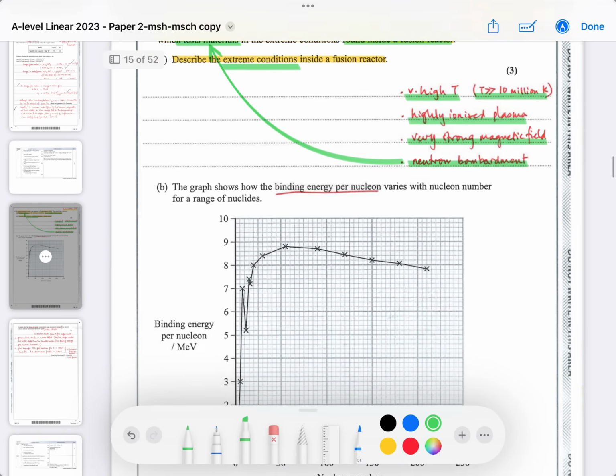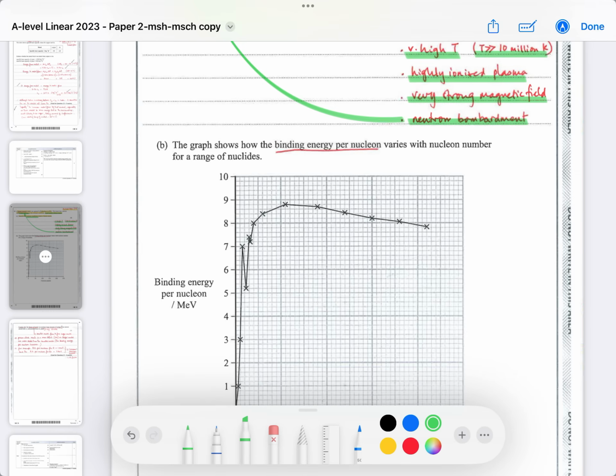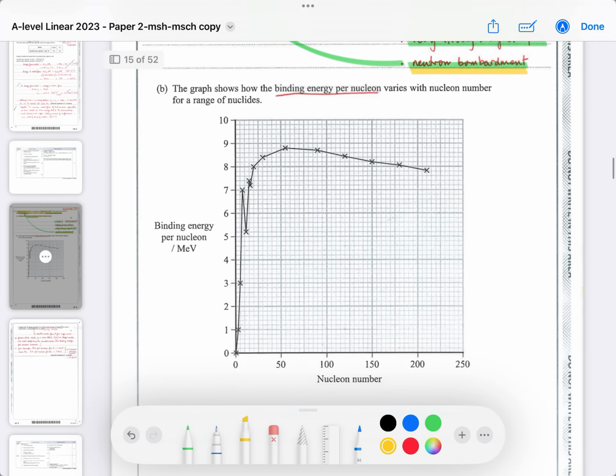Okay, hope that makes sense. So this is a common question, it seems, and it's more common in the linear than the modular from what I can see. So neutron bombardment as a condition inside a nuclear reactor.